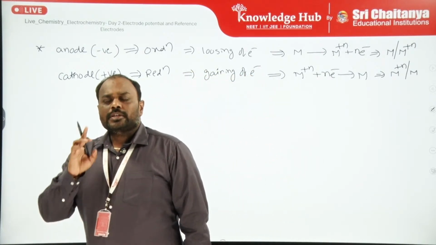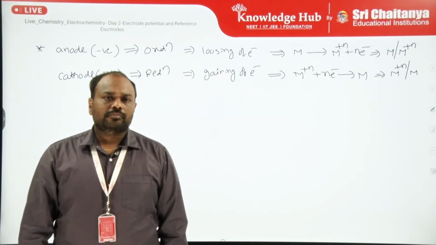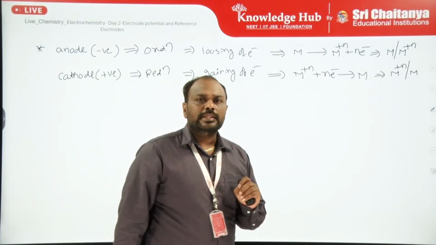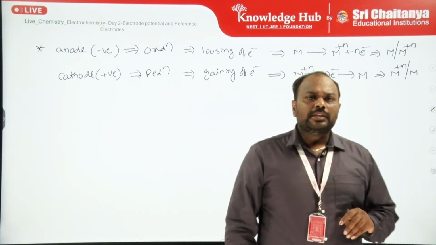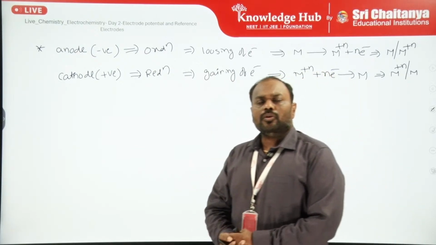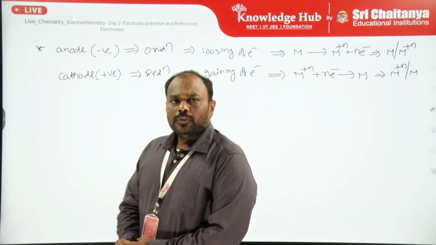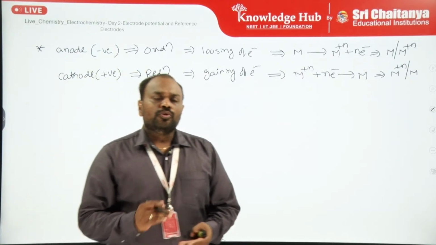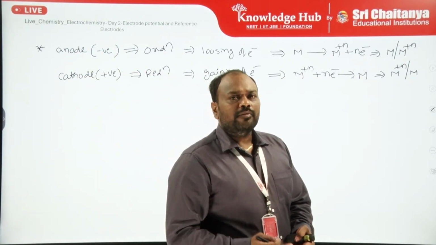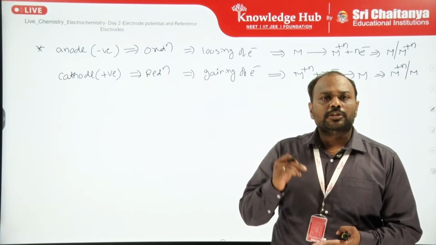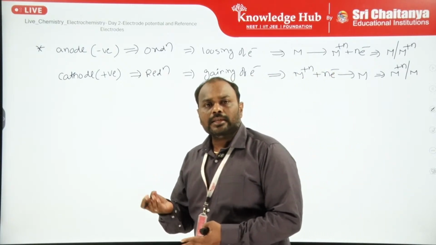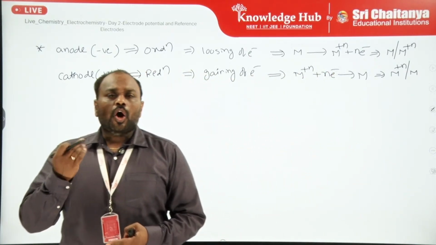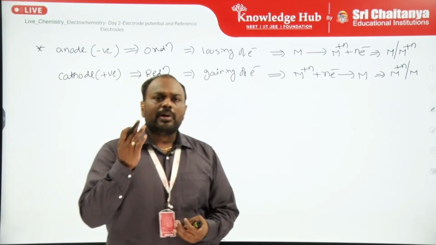Suppose a single electrode is given. Only one electrode is given. If one electrode is given, is there any chance to calculate the electrode potential of the cell? No, because to calculate the electrode potential of the cell, we require two electrodes. One must be acting as cathode, another one acting as anode. But how many electrodes are provided? Only one is given.